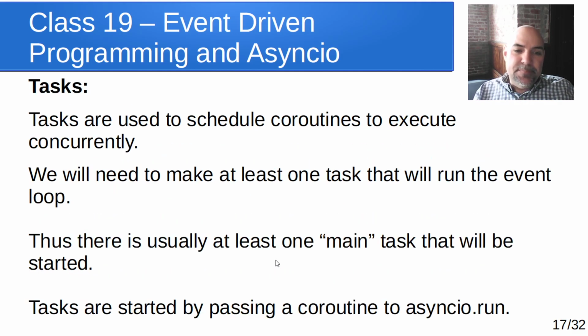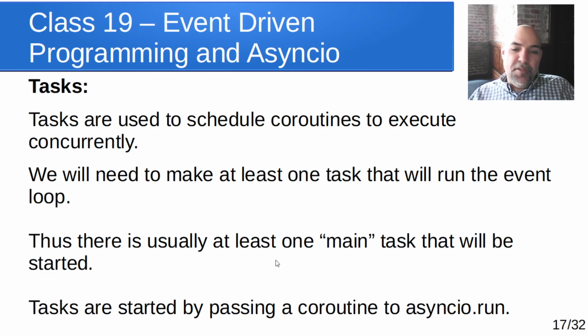Makes sense. All right, now, tasks, on the other hand, are used to schedule coroutines to execute concurrently. Notice there's a hierarchy here: tasks will schedule coroutines. In other words, you might have a task that creates those coroutines and launches them to schedule them.